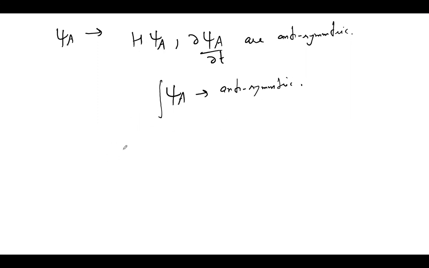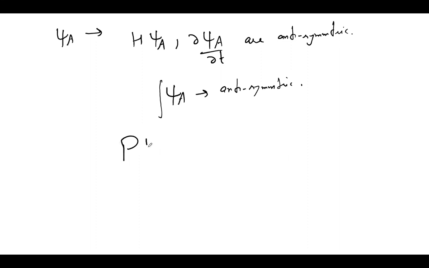So how can we represent these two types of wave function? If P is any exchange operator, as I have discussed, it can be a differentiation operator, an energy operator, or an integration operator.